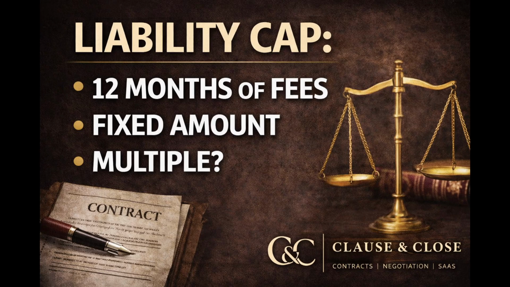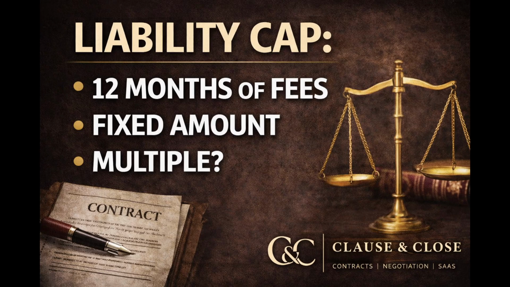9. My practical position. If I had to summarize my view in one line, it will be this. I almost always start with 12 months of fees, then I test whether fees are a good proxy for risk. If they are not, I adjust the structure.